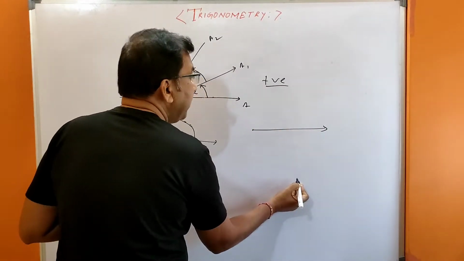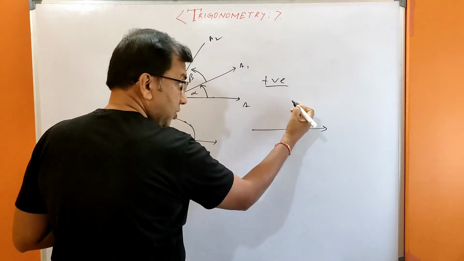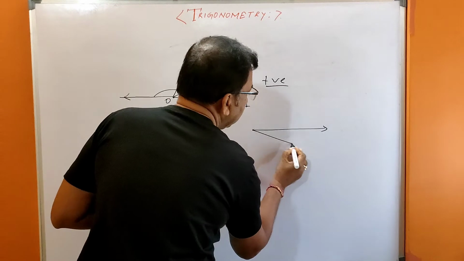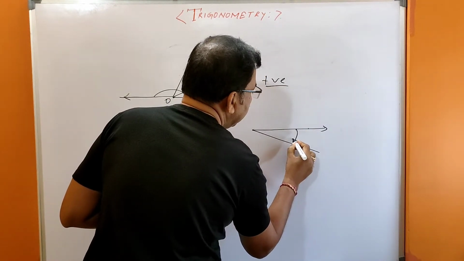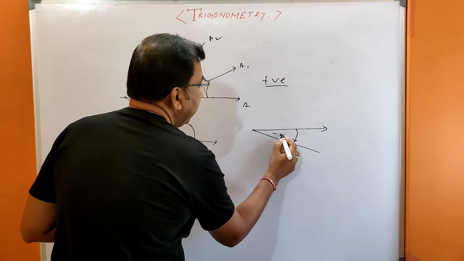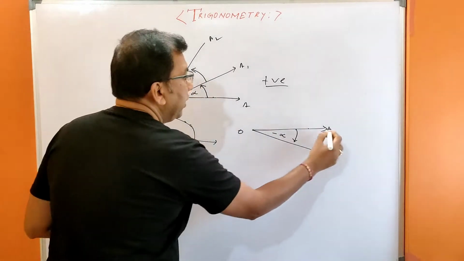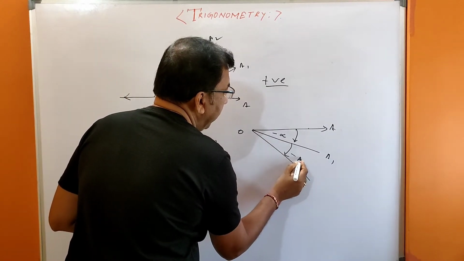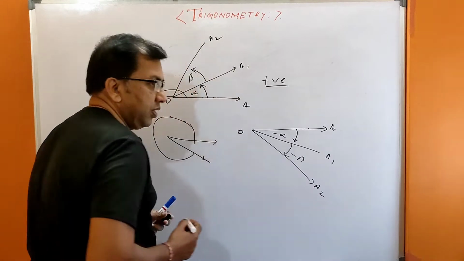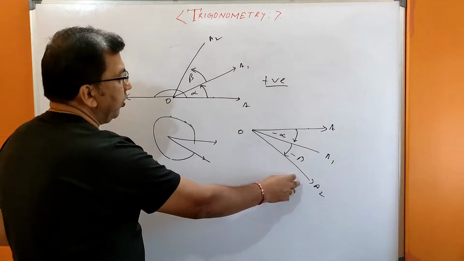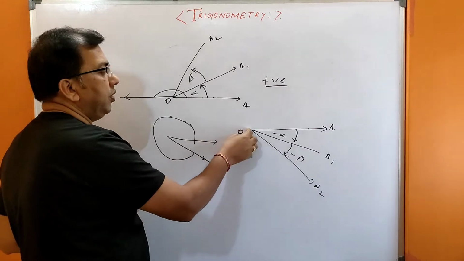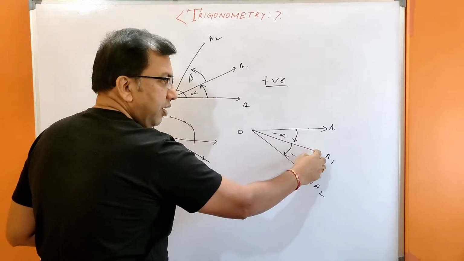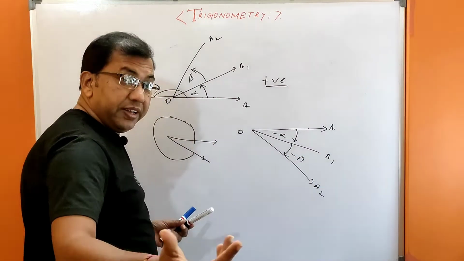If it rotates in this direction, it is the clockwise direction, from right to left, so rotation in this direction is minus alpha, OA1, and again out here minus beta, OA2. Rotating like this, 180, 360 minus 360, again minus alpha, that is minus 360 plus alpha.